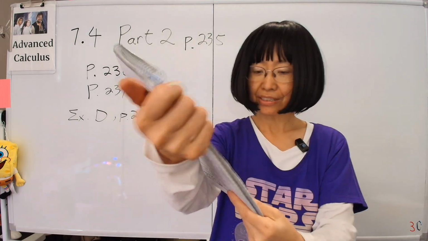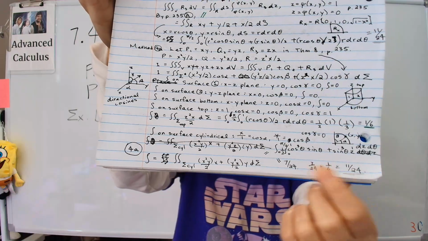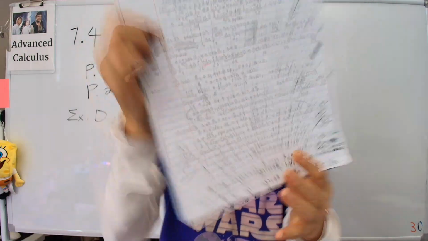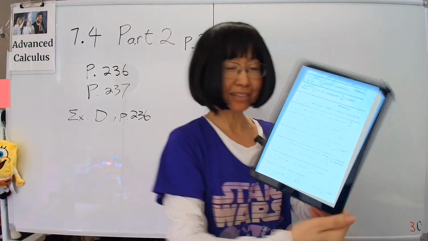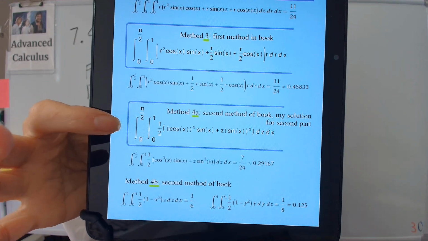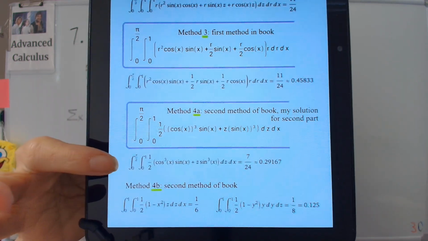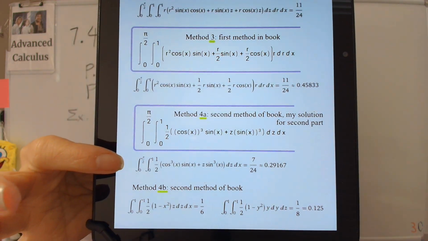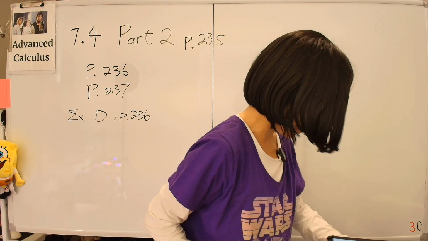Oh, I forgot to mention that when I calculated this thing to be 7/24, I did it on the calculator, which says right here method 4a, the second part, my solution. This is the integral, and when I typed it in, it says 7/24, and the other answer was 1/6, and together it becomes 11/24.